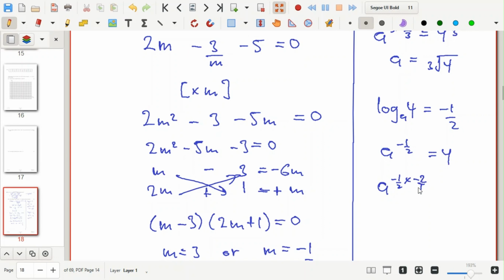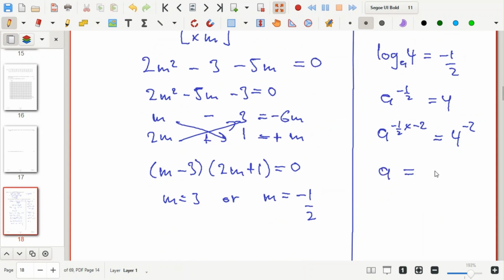That's the reciprocal, right? Negative 2. I do the same for the right hand side. So this should give me 1 over 4 to the power 2, which is the same as 1 on 16. So a is equal to 1 on 16.